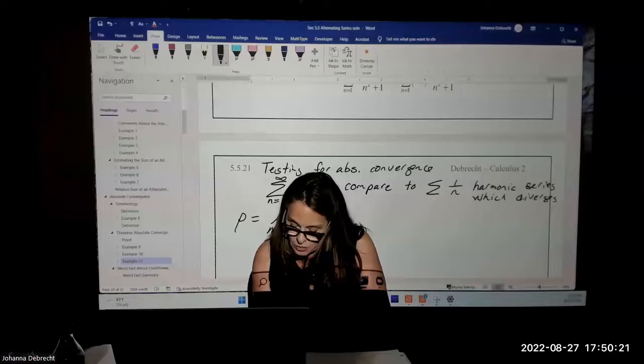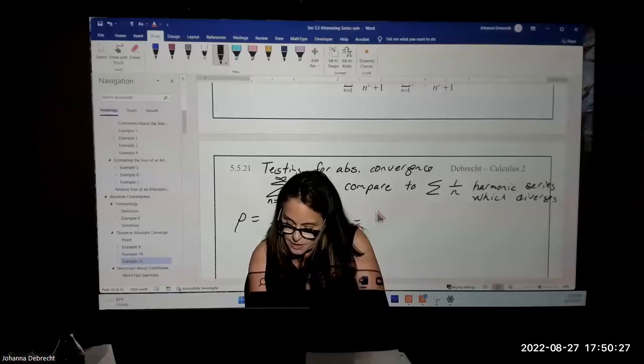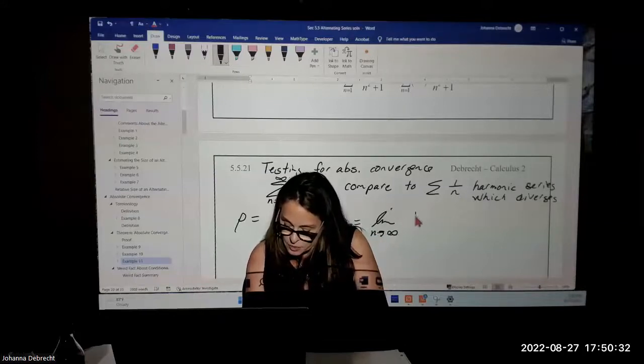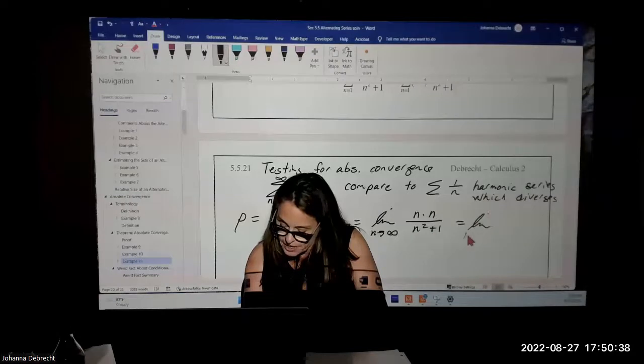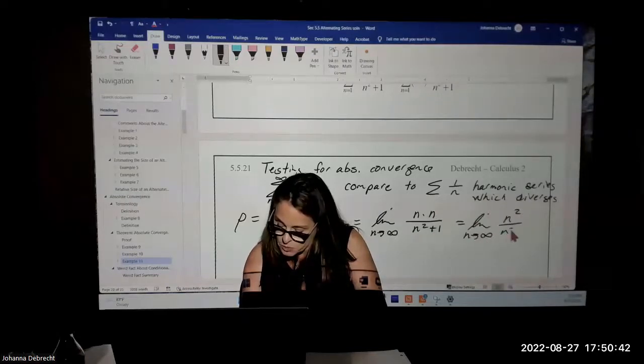So the unknown, n over n squared plus 1, over the known, 1 over n. Then simplifying the complex fraction, we end up with n times n in the numerator over n squared plus 1, which simplifies to n squared divided by n squared plus 1.